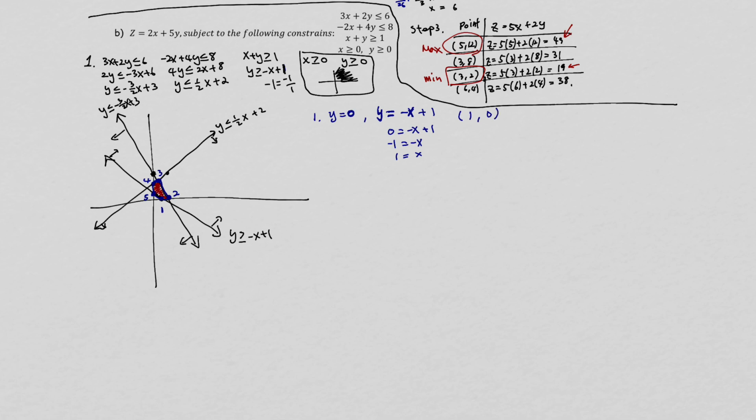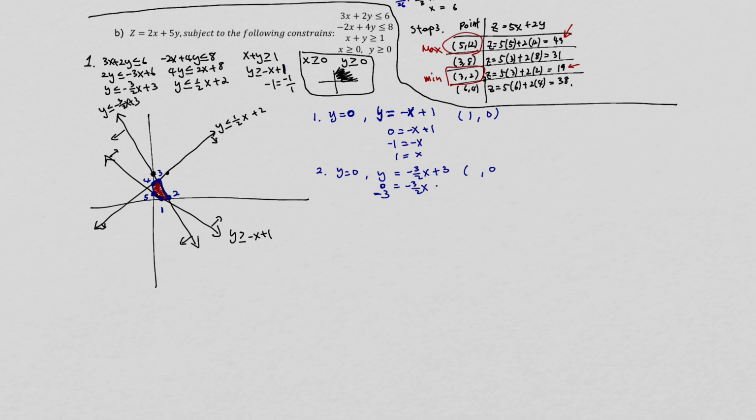And point 2, you will have y equals 0 and y equals negative 3 over 2x plus 3. So again, your y will be 0 when you replace it here. Negative 3 over 2x. Let's move that to the other side, so it will be negative 3.